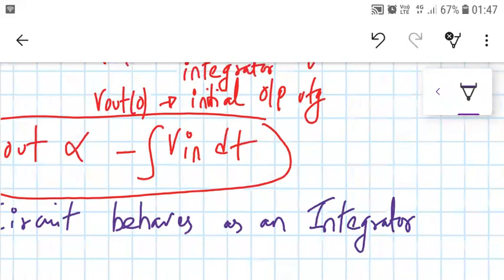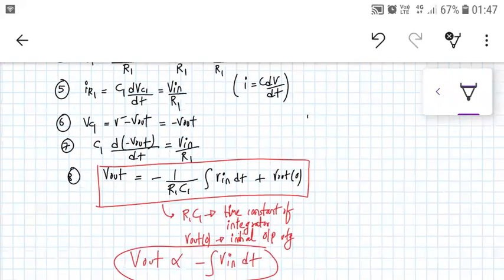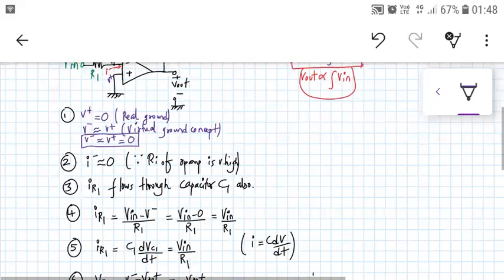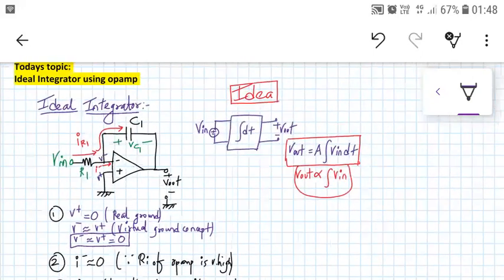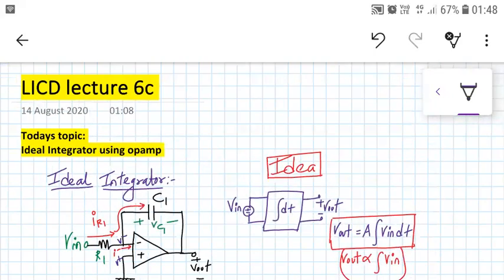The above circuit integrates: the output will be the integration of the input voltage. So that's what the ideal integrator looks like. Now this ideal integrator has some flaws, which we will improve in a practical integrator circuit. So we have completed today's topic of the ideal integrator circuit using op-amp, and we have derived its output expression in terms of the integral of the input.